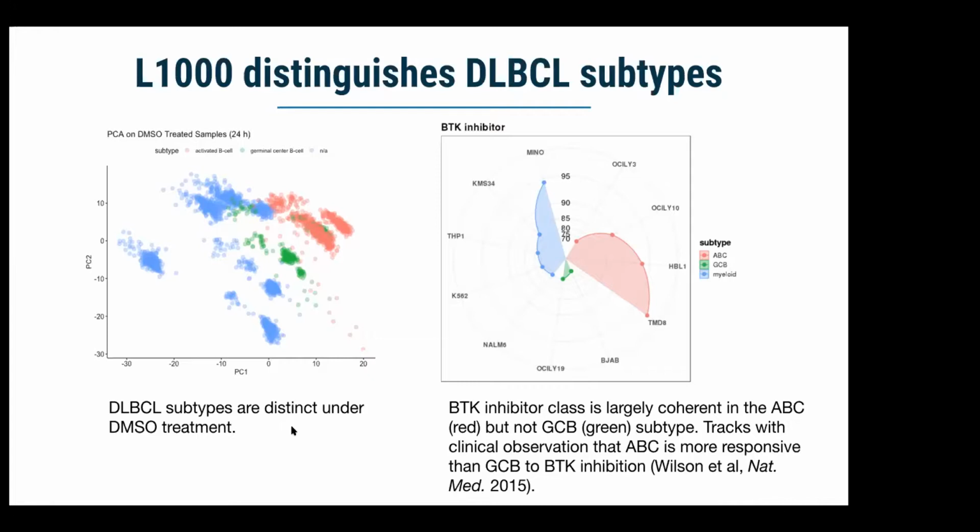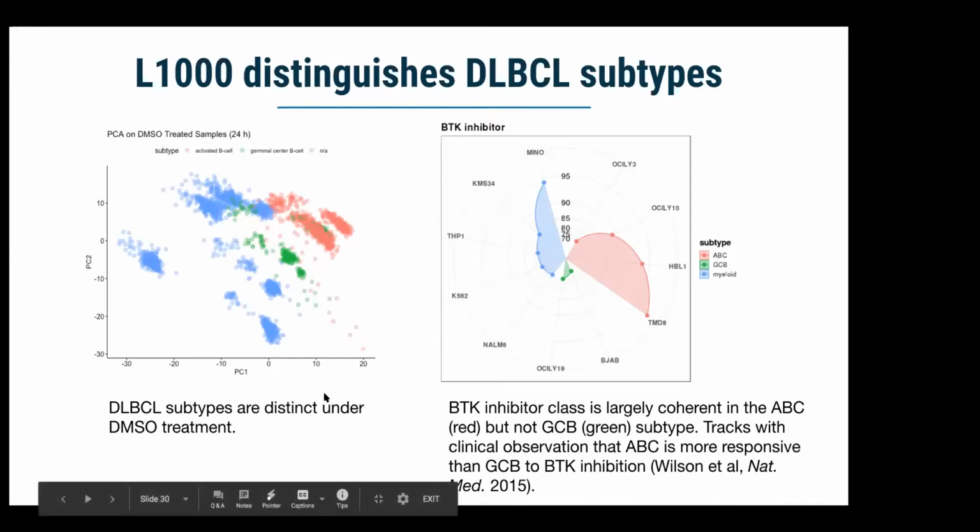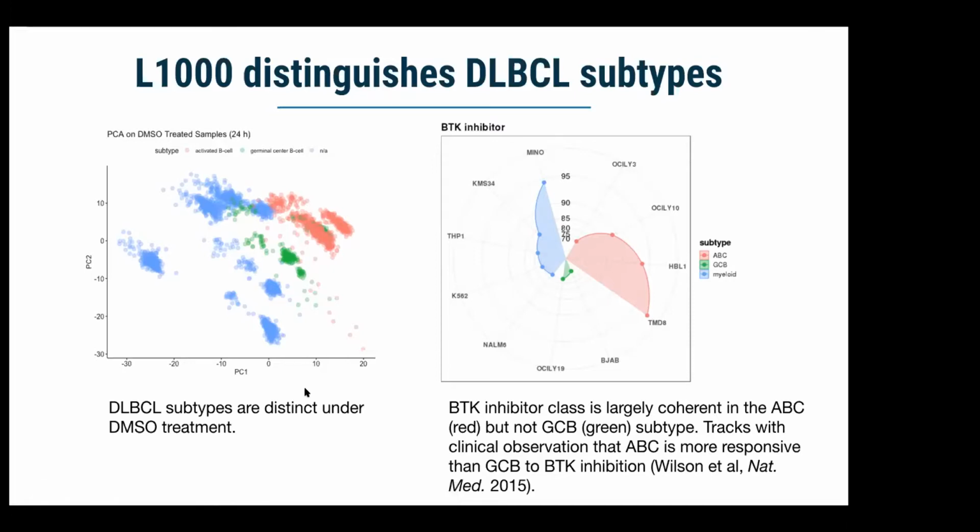And so we can see that the activated B cell ABC subtype in red and germinal center B cell GBC subtype in green, they do separate along these two principal components, which is nice to see. So there is some distinction just based on the 1,000 landmark genes between these subtypes of DLBCL.